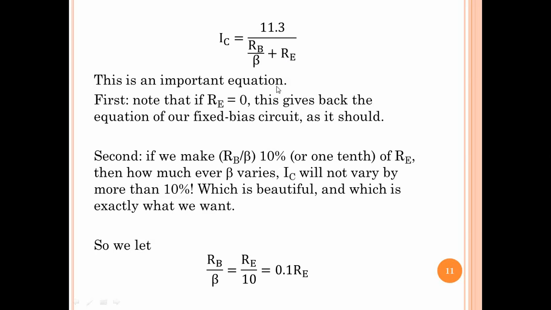So let us try this. We'll make RB by beta about 10% of RE. So RB by beta equal to RE by 10, which is of course 0.1 RE.